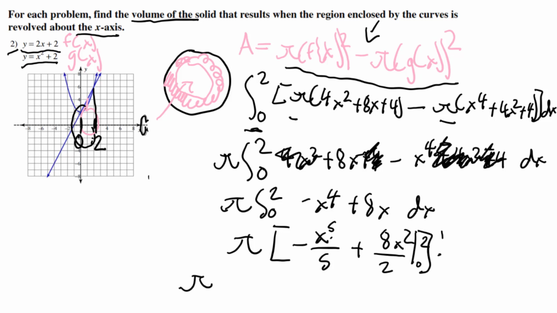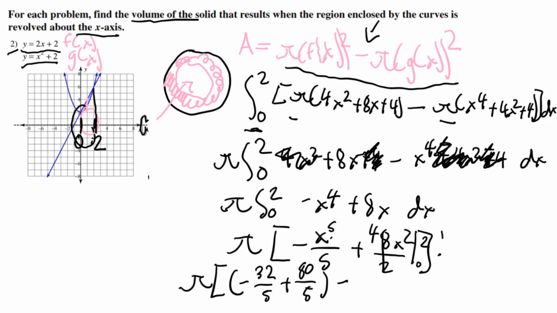Evaluating at 2, we get negative 2 to the fifth, which is 2, 4, 8, 16, 32, so negative 32 over 5, plus 8 divided by 2, which is 4, times x squared, which is equal to 16. 16 is equal to 80 over 5, which will make it easier for our next step.